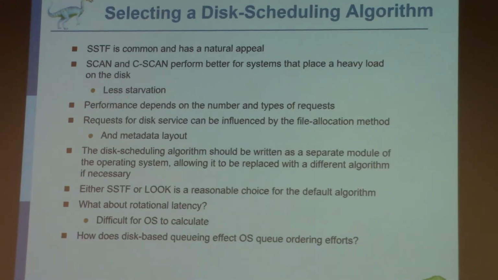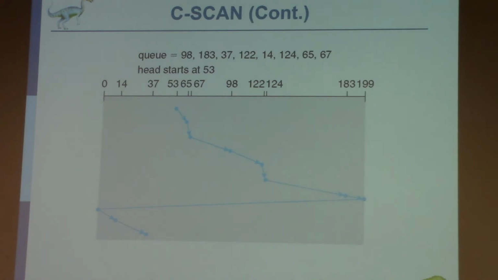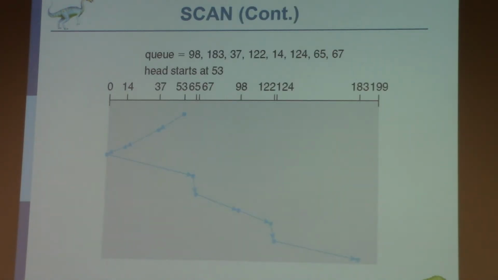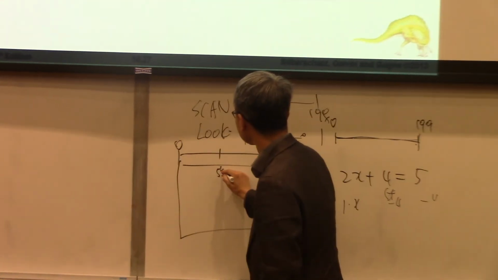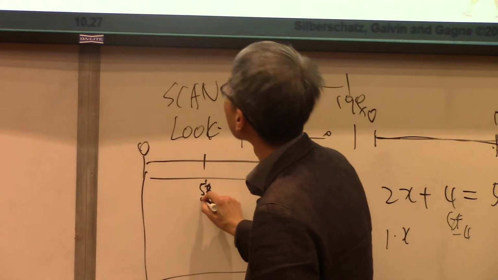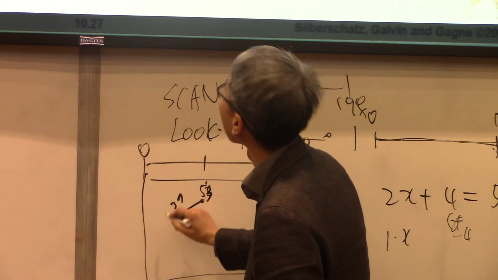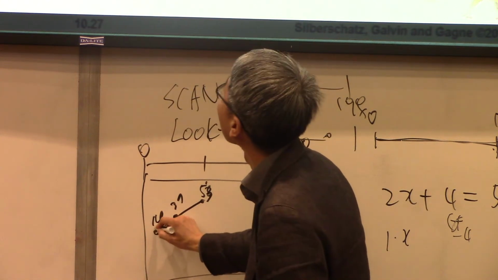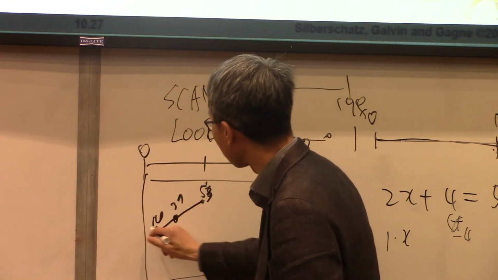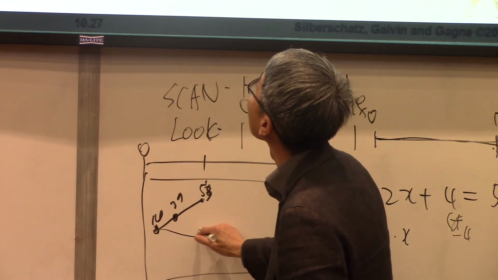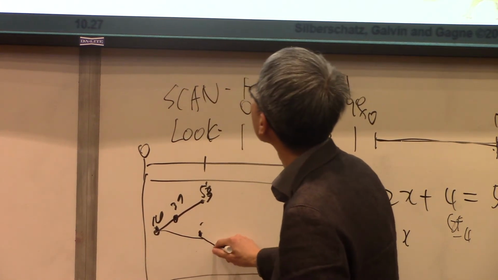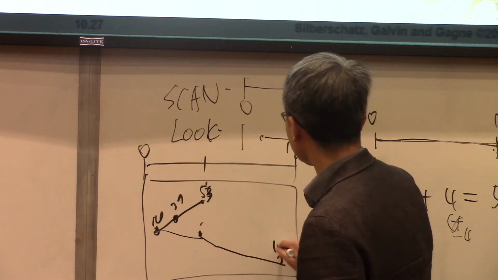It does not touch the 0 and the largest number. So in this case, LOOK is like this: instead of 0 to 199, starting from 53, next 37, next 14, and next, instead of 0, it will be 65, 67, and eventually 183.